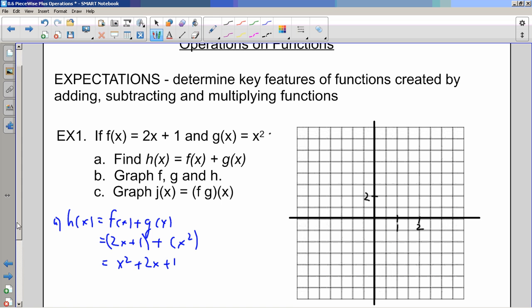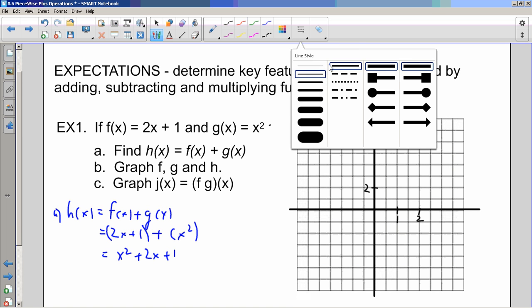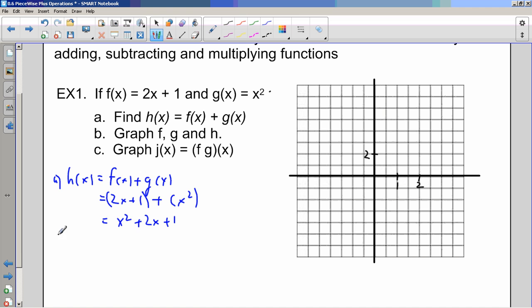Part B here, oh, by the way, we actually use some notation to show what a sum function is. Normally we'd write h at x is equal to f plus g at x. And it's exactly what you'd think, the two functions added together.